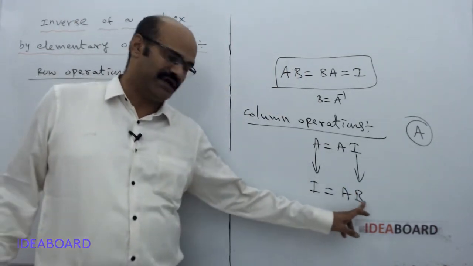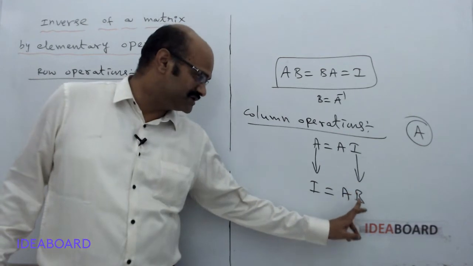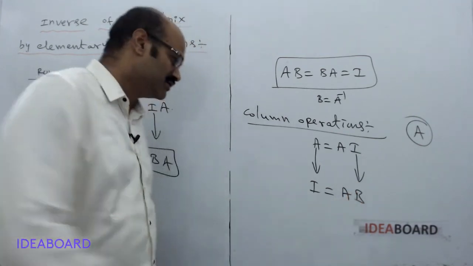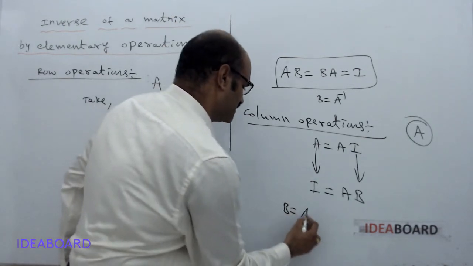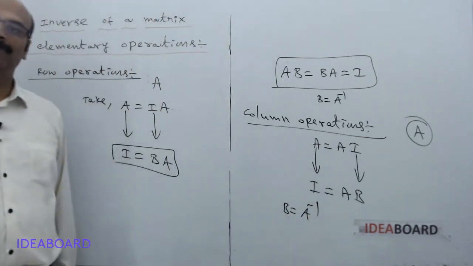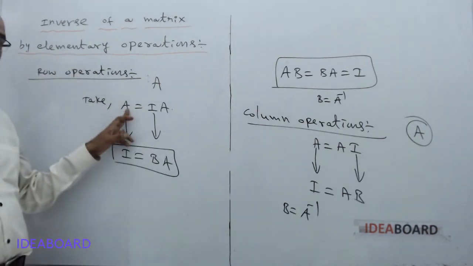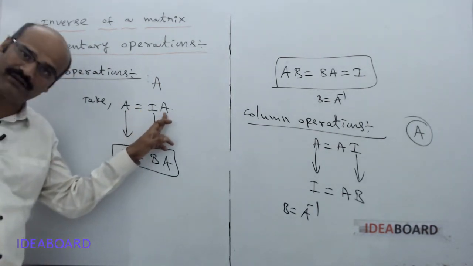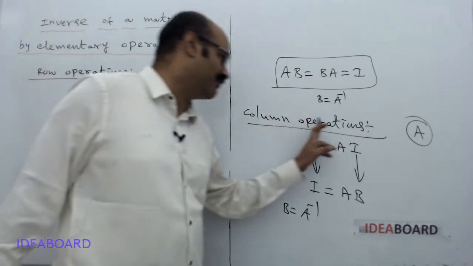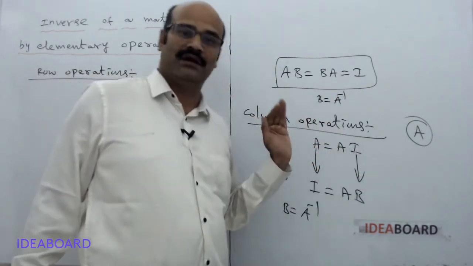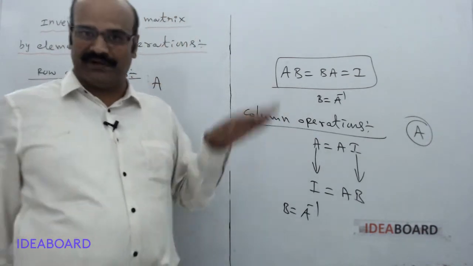Till we get I equal to AB, then we say that this B is said to be inverse of this matrix A. So this B is A inverse here. So if you want to apply row operations, we have to take A equal to I into A, and if you want to apply column operations, we have to take A equal to A into I, and apply the operations.